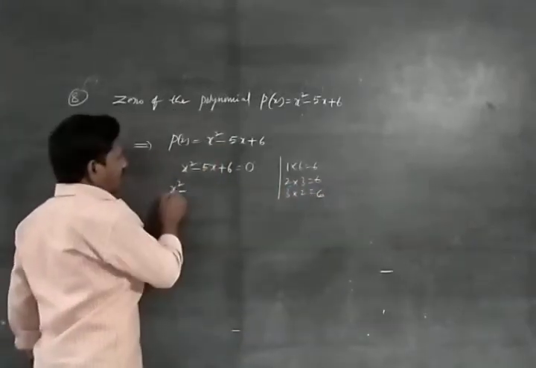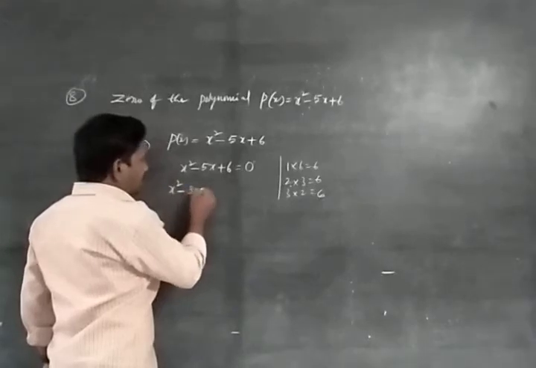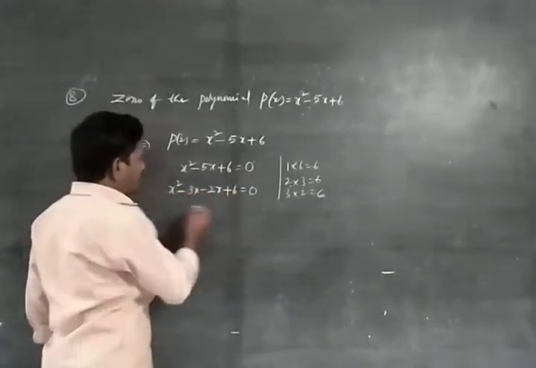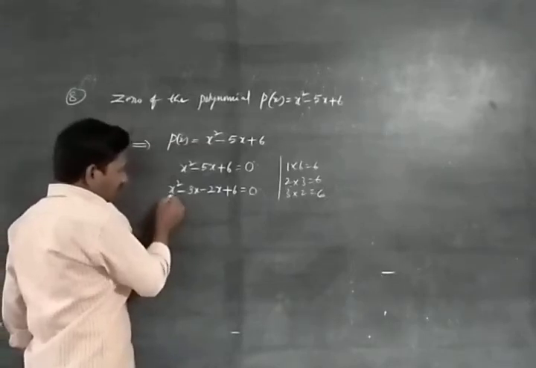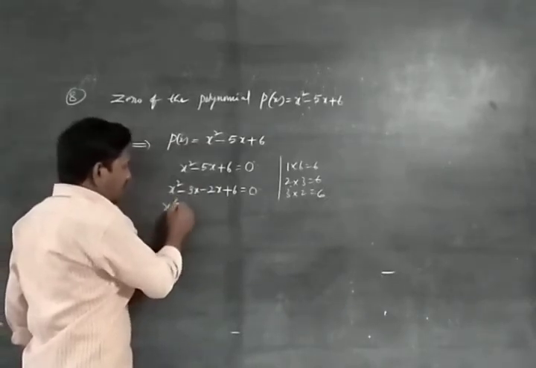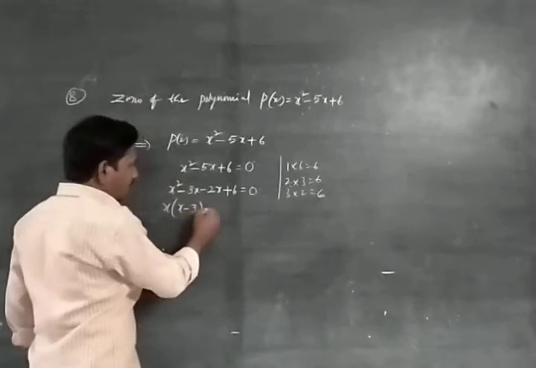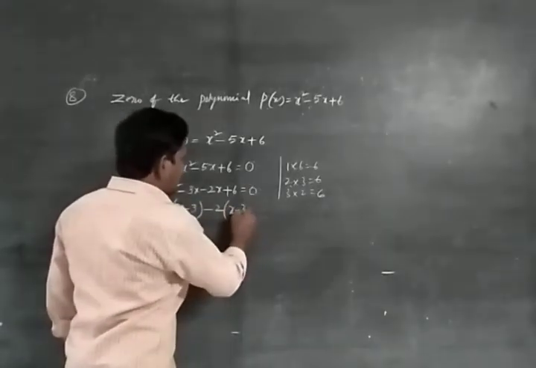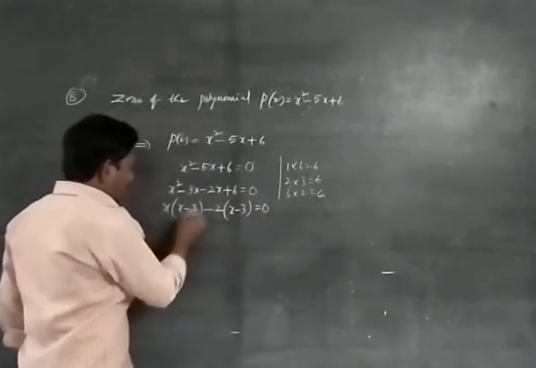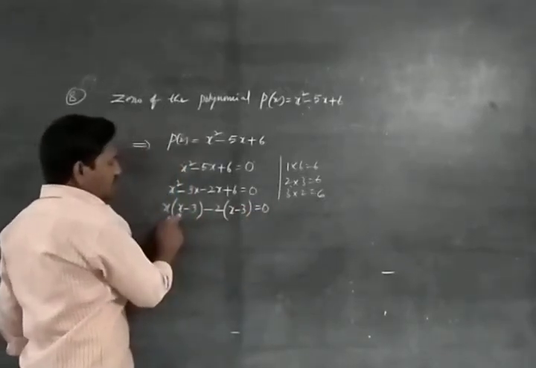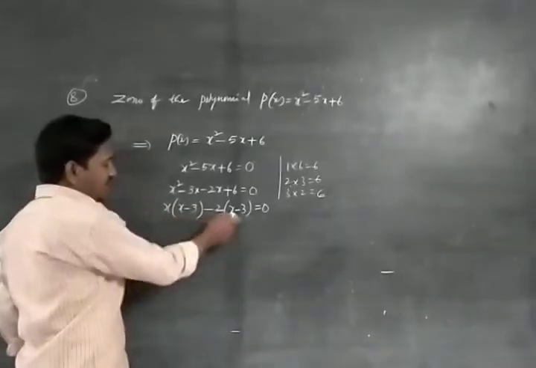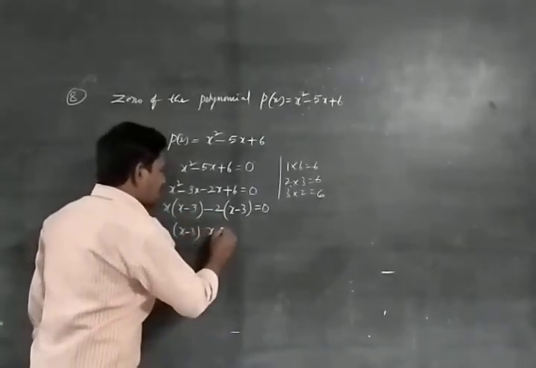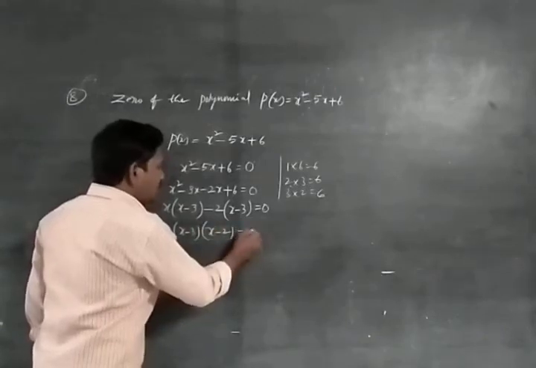That means x square minus 3x minus 2x plus 6 equal to 0. x is common in the first two terms, giving x into x minus 3. 2 is common in the last two terms, giving minus 2 into x minus 3. In both, x minus 3 is the common factor. So x minus 3 into x minus 2 equal to 0.